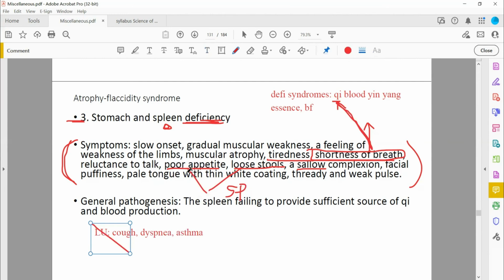Think about the spleen: poor appetite, loose stools, spleen. Shortness of breath is qi. So it could be spleen qi deficiency. And this one is slow onset, gradual. This word tells you what?